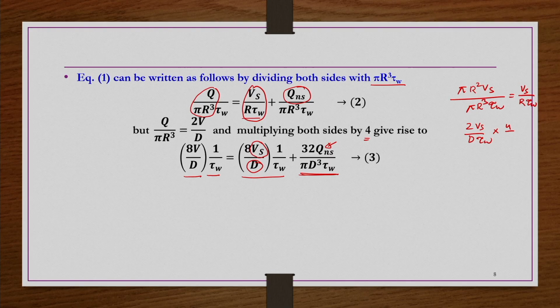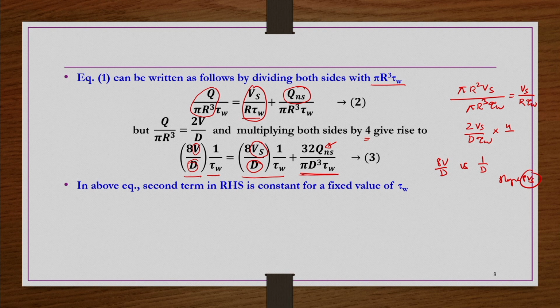Okay. So, on the left hand side we have the average velocity V and D. So, what we do from this equation: if you plot 8 V by D versus 1 by D, then it is possible that you can get a straight line of slope 8 Vs, right.